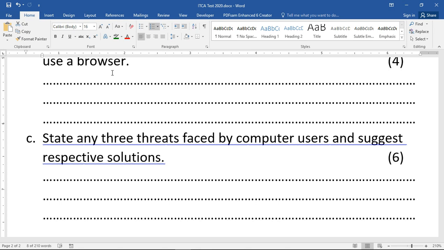It's because maybe the environment that they are working in is threatening their health status. Maybe the posture, the way they are sitting while using the computer might affect them. Maybe the time that they are spending using the computer affects their health. So that's the second category, and these are the examples that I've provided for you.